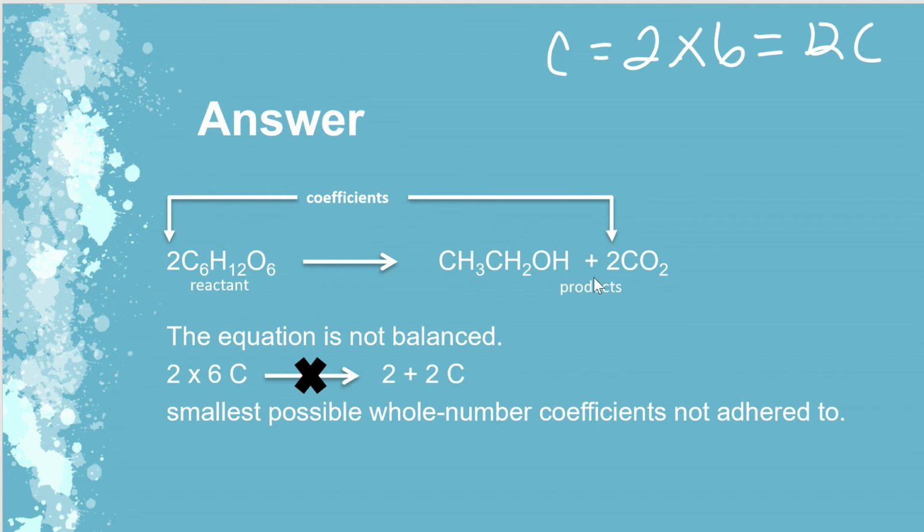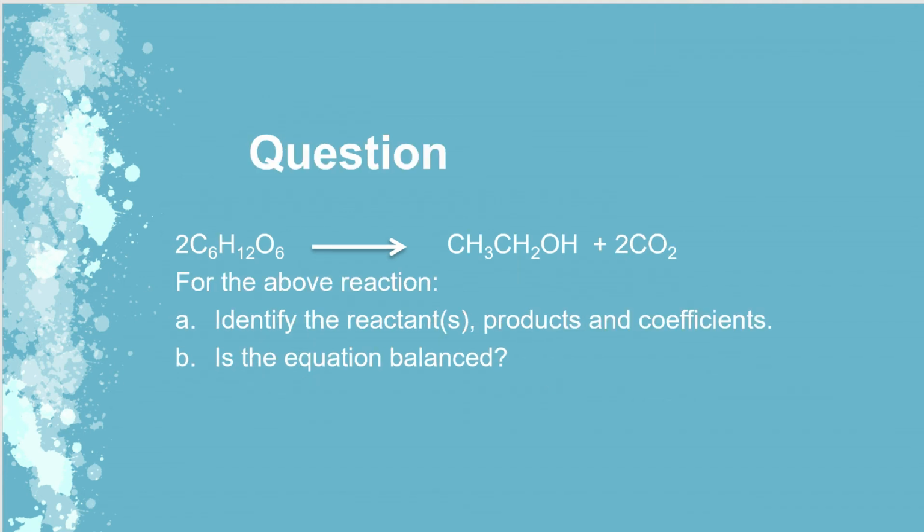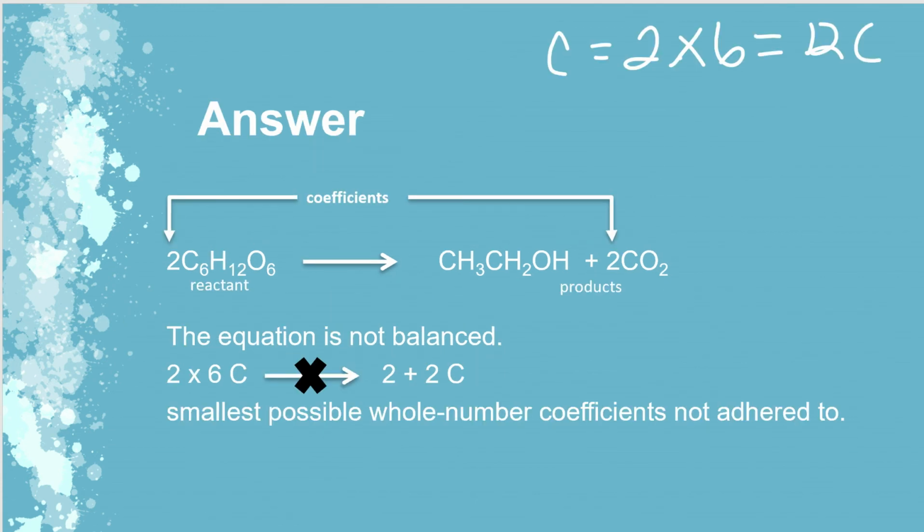On the product side, we have 1, 2, and 2, 4 carbons. So we can easily answer that the equation is definitely not balanced, just by checking carbon alone. We have 12 carbons over here and 4 carbons on the product side. Therefore, the equation is not balanced.